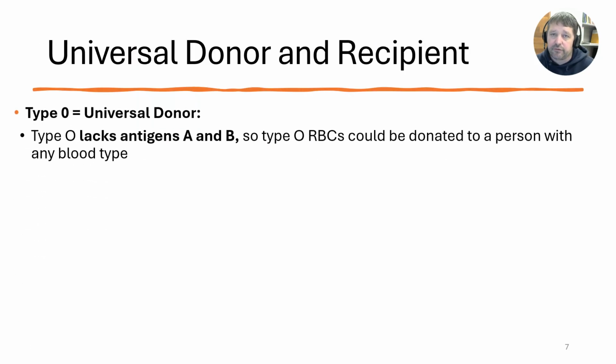So let's look at universal donor versus recipients. So type O blood, because it lacks antigens, there are no antigens, so there's none of that protein, lipid, carbohydrate component on the outside of O blood. They can donate their blood to anyone, to any blood type.